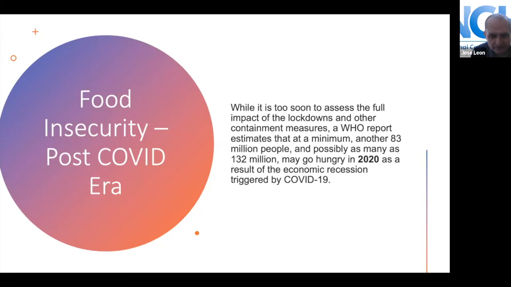But it's possible that in the world, as many as 132 million will go hungry in 2020 as a result of the economic recession triggered by COVID-19. So let's also keep this in mind, that COVID has also affected the ability of patients to secure food, especially if they live in food deserts. The ability of these patients to get access to food is extremely important when we're discussing diabetes, and that's going to be the discussion in regards to food insecurity. Next slide.